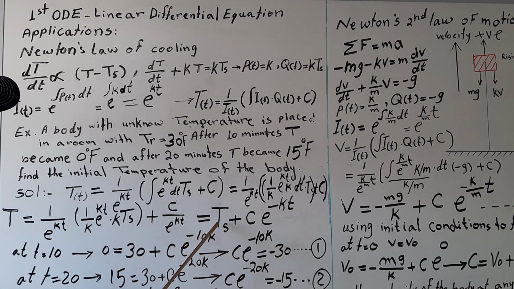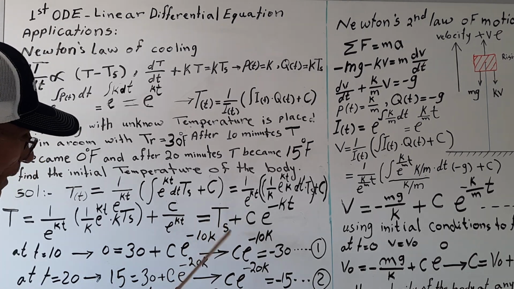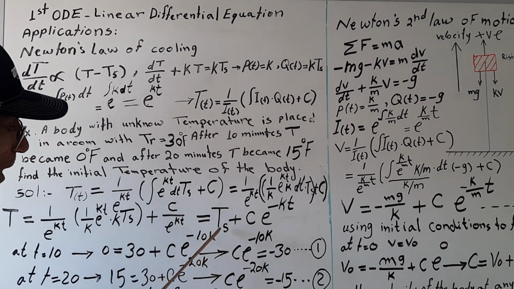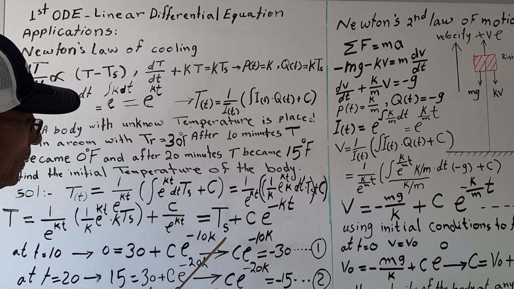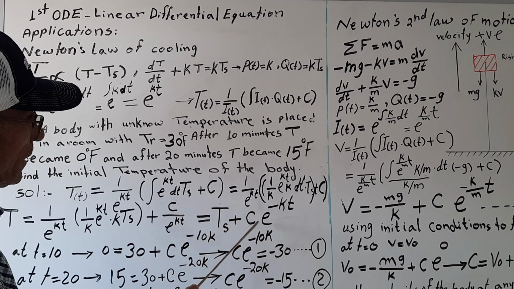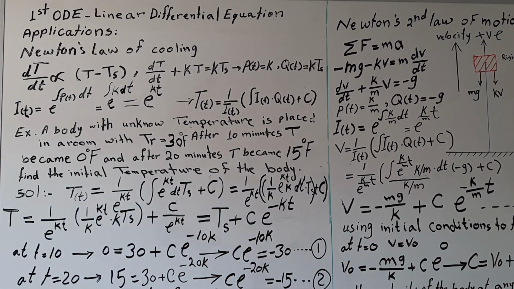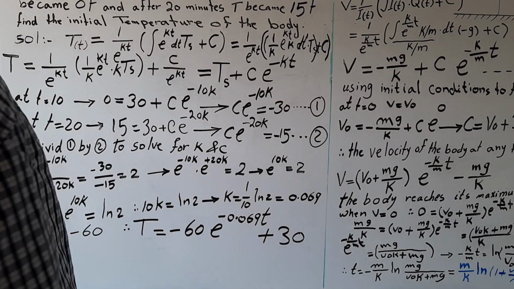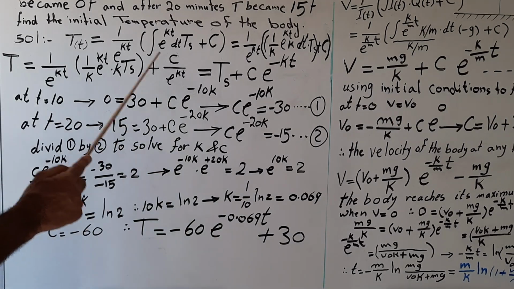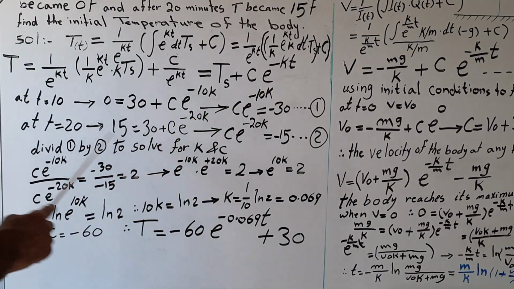This is the final relation of the temperature: T equals Ts, the temperature of the room, the surrounding, the ambient, whatever, plus C e to the power minus Kt. And here, this is our final relation.